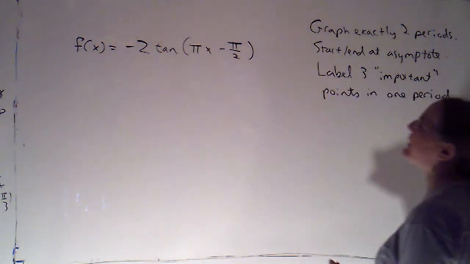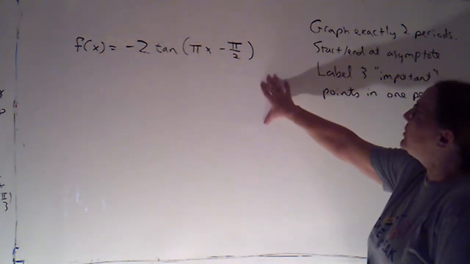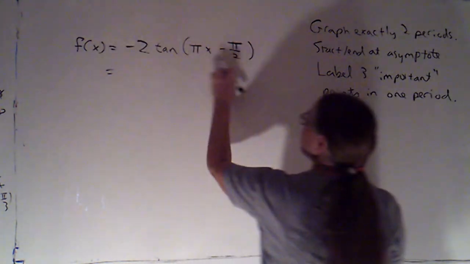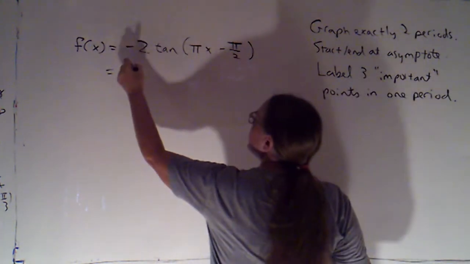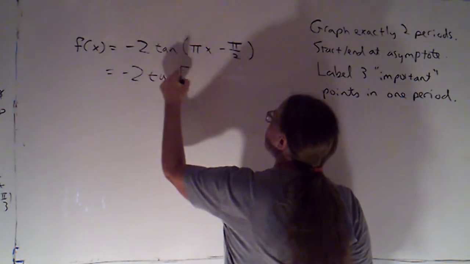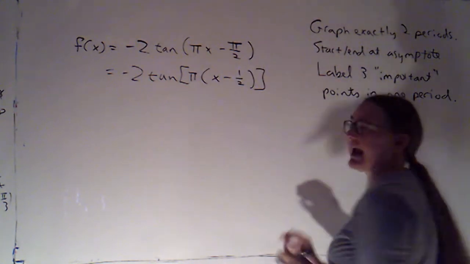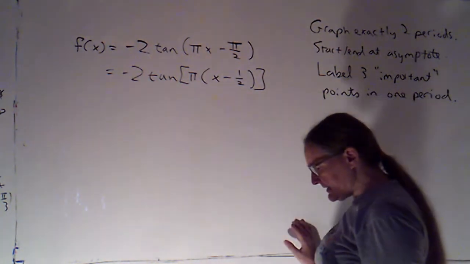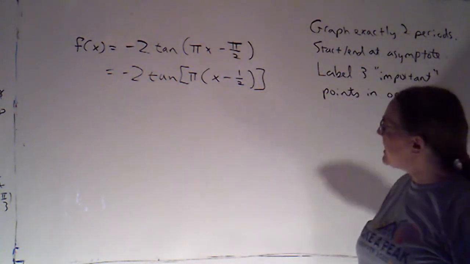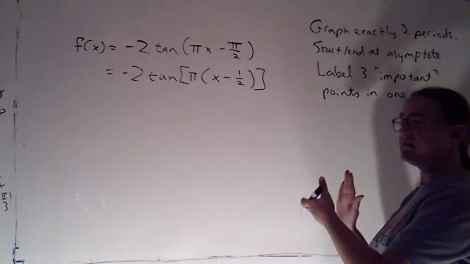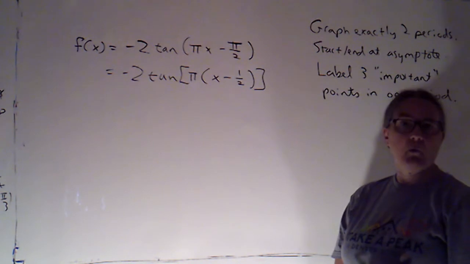Okay. So, looking at this, I'm going to write this input in factored form. So -2 tangent times pi times x minus a half. Not absolutely necessary to do that, but I like that because now I can see my net result should be that I've shifted things 1/2 unit to the right.